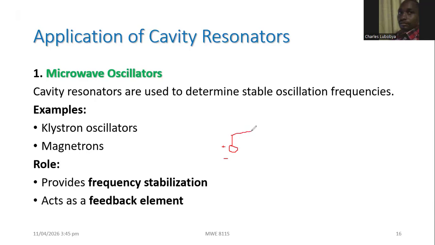Then you can put a capacitor here. Then you can have another inductor here. Normally you put an inductor here. And then you put another capacitor there. And then connect this. And then somewhere here you need a feedback resistor connected to your positive VCC.